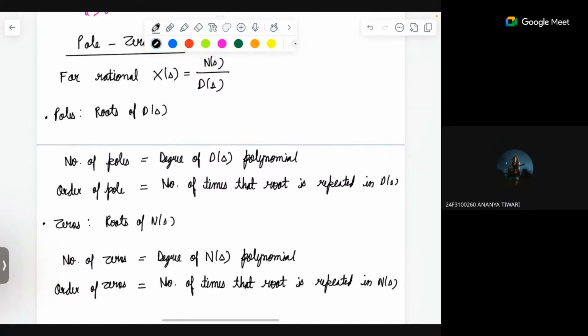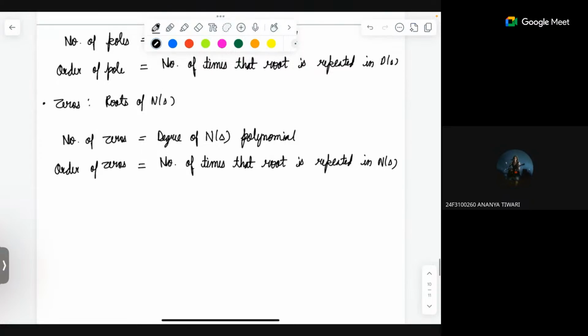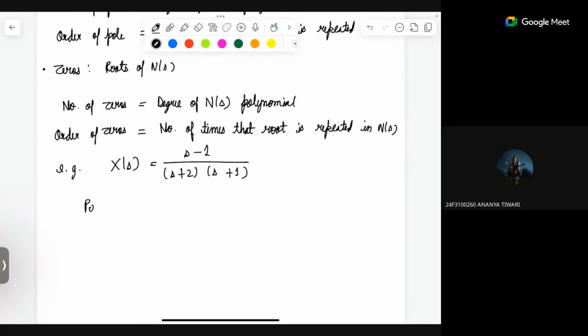Number of zeros is equal to degree of numerator polynomial. Order of zeros, number of times that root is repeated in numerator polynomial. Is this clear? Yes, ma'am. Okay, now I will quickly give you one example. So suppose X of s is equal to s minus 1 upon s plus 2 times s plus 1. So let us draw the pole zero plot for this.